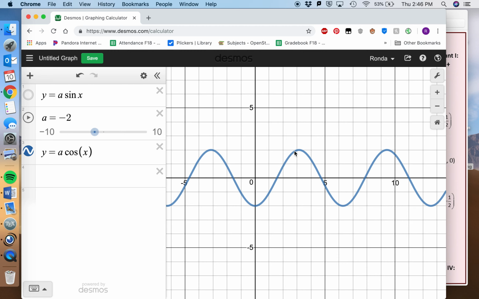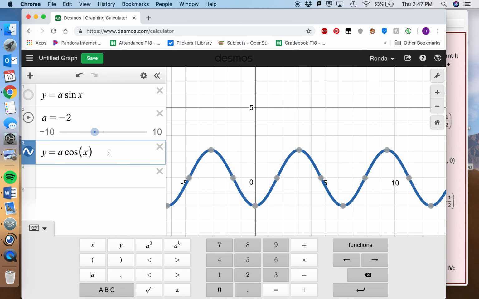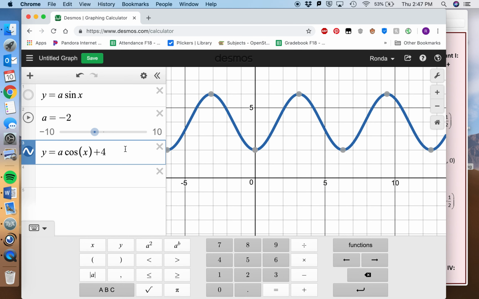Now, one way to figure out amplitude, if it's sitting here and it's not shifted up or down, it's fairly easy to see what the amplitude is, right? The 0 is right in the center here, like the x-axis, and this is 2 steps up and 2 steps down, so my amplitude would be 2. Now, if I shifted this graph up, it's a little bit harder to see that.